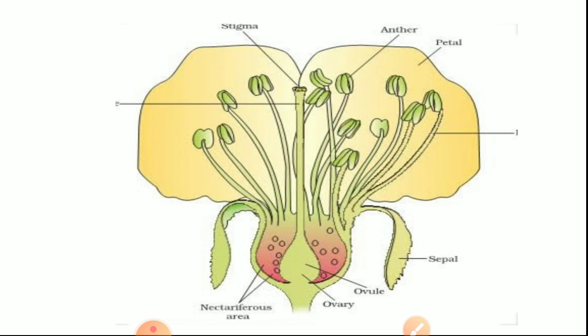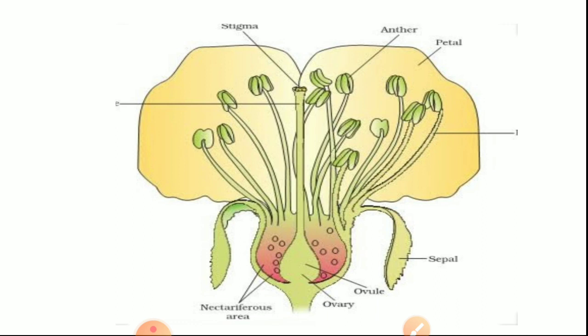Now we know that a flower consists of sepal, petal, stamen as well as carpel. Sepal and petal are also called calyx and corolla. Stamen is also called androecium, and carpel or pistil is also known as gynoecium.